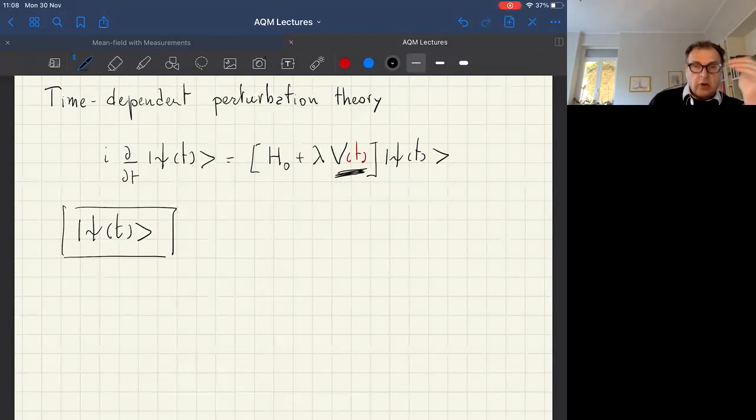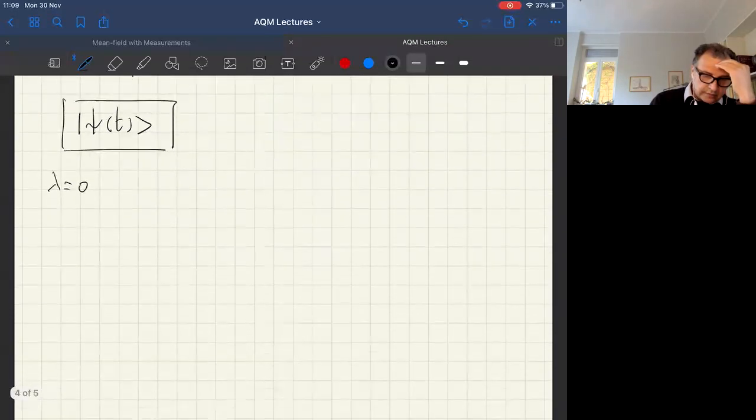So what is the similar strategy here? Let me write the solution when lambda is equal to 0.